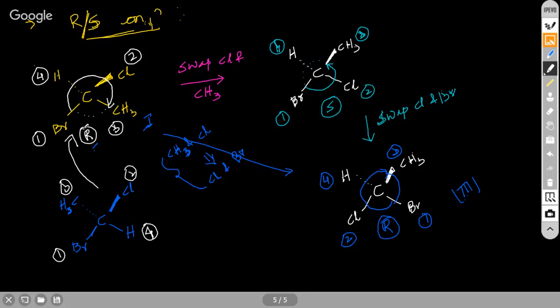If it is R, and we know this molecule we get by odd number of exchange from this molecule, so this must be S. Got it? Is it clear?